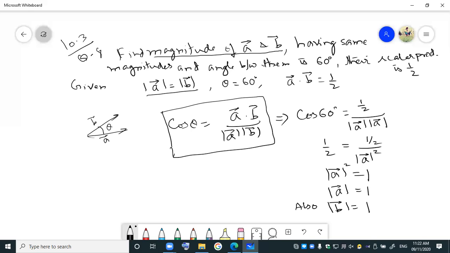Substitute 1 by 2 and cos theta, and here B can be replaced by A or A can be replaced by B, because they have the same magnitude. It is given here. Replace these two, then substitute and find the value.